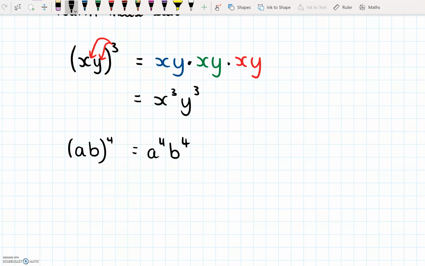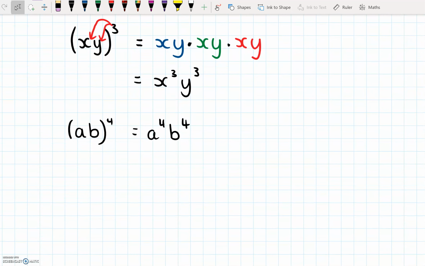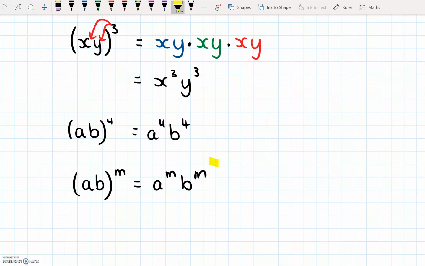So our rule here is if we have (ab) to the power of m, we must apply the m power to both of the variables, or both of the things inside, because we can also have a coefficient inside, and that's what we're going to look at now. So that means we would have a to the power of m times b to the power of m. This is the fourth index law.